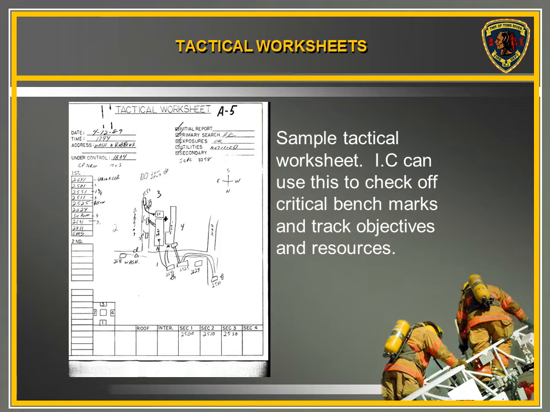He can determine what objectives were assigned to what resources. He can draw in a map of the incident. And again, this tactical worksheet can be saved and reproduced later for training, or if it's required for some legal issue down the road for the fire investigation.